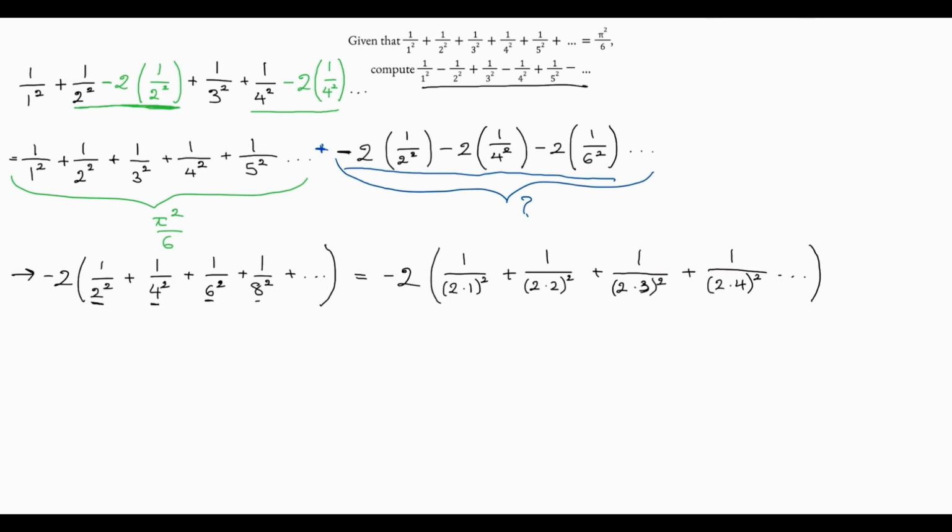Now let's expand these denominators. So this becomes -2 times 1 over, if we expand the first denominator, we get 2 squared times 1 squared, plus 1 over, if we expand the second denominator, we get 2 squared times 2 squared, and if we continue through with this, we'll get plus 1 over 2 squared times 3 squared plus 1 over 2 squared times 4 squared, and so on.